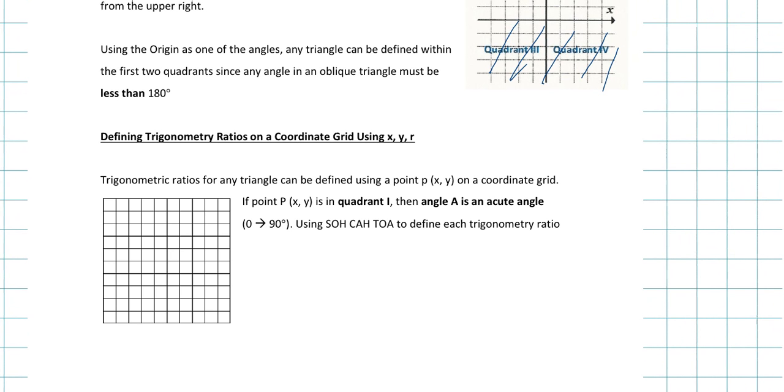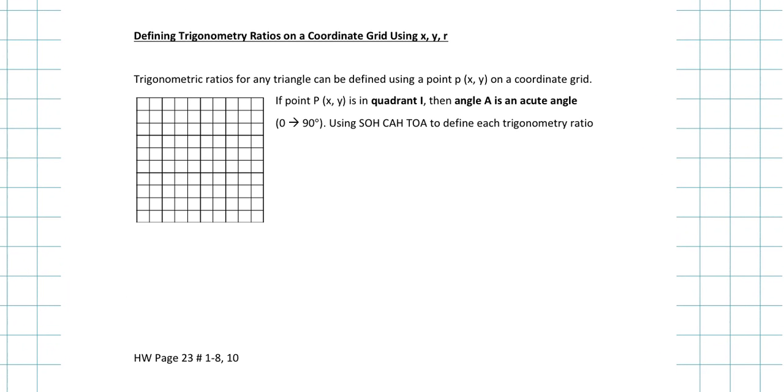So let's just look at an example here, and let's say this is my xy plane. Right? And if I have a point at 3, 4, and this is my point.